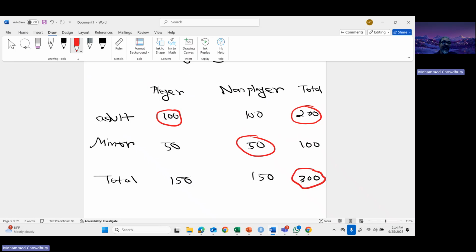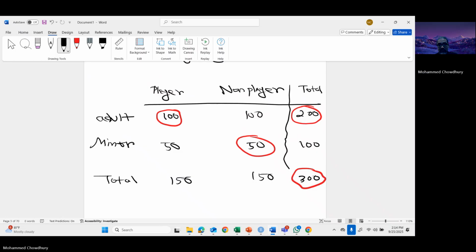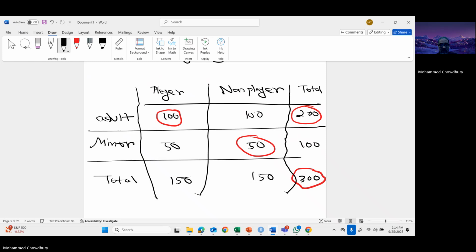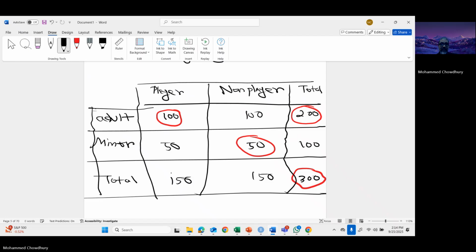Now this is a 2x2 contingency table. This is known as a contingency table.